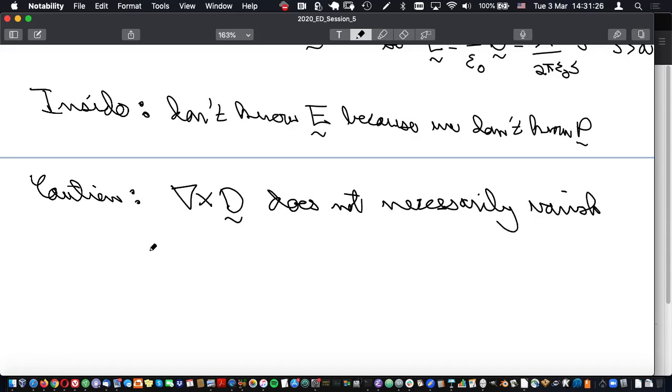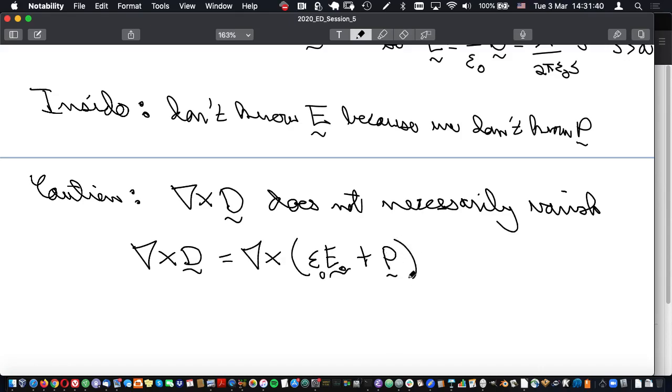In fact, if we calculate it, the curl of D is the curl of epsilon 0 E plus P. So this one's 0, but the polarization's curl does not necessarily have to vanish. Not always 0.